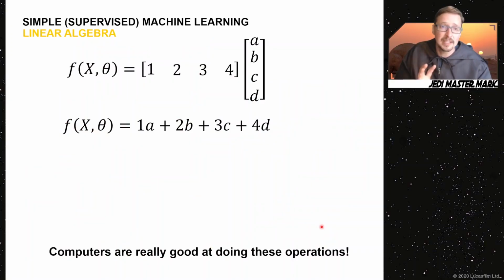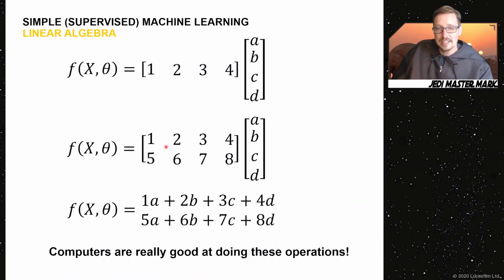Okay, now if we go back to linear algebra, I'll just show you how this works. We have this function here, and so here's just 1, 2, 3, 4, and we're going to multiply that matrix by another matrix of variables a, b, c, and d. And this is going to give us 1 times a, 2 times b, 3 times c, 4 times d. And then this function is going to be the summation of all of those.